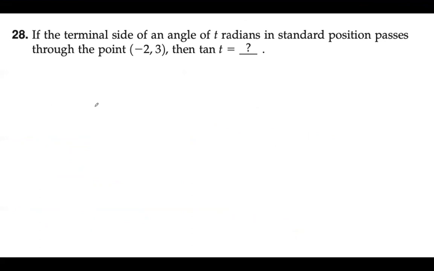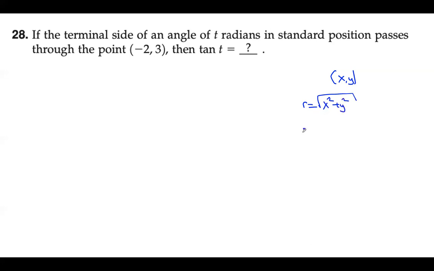If the terminal side of an angle of t radians in standard position passes through the point negative 2, 3, then tangent t is equal to what? Guys, for these questions, you need to remember these rules. Let's say we have a point x, y. First thing is r is equal to square root of x squared plus y squared.